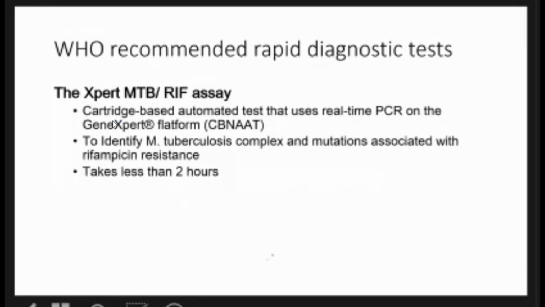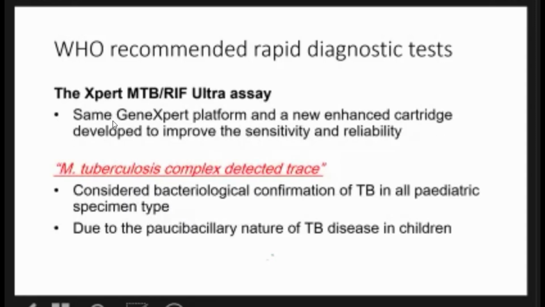So this is a DNA PCR, and it also identifies the Mycobacterium tuberculosis complex as well as rifampicin resistance. It will take less than 2 hours, and Xpert MTB/RIF Ultra assay is much more sensitive than the GeneXpert.